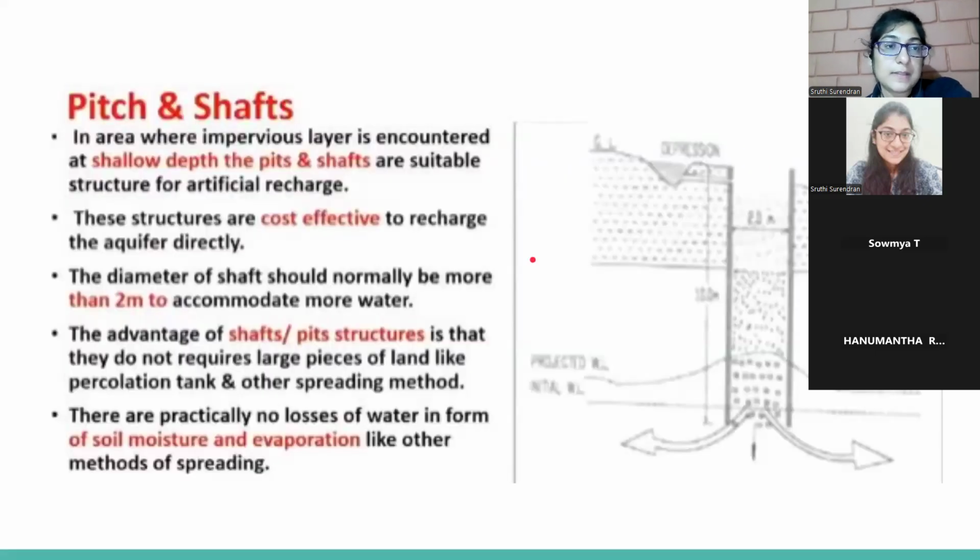So pit and shaft is again another method of artificial recharge. Where an impervious layer is encountered at a shallow depth, pits and shafts are suitable.